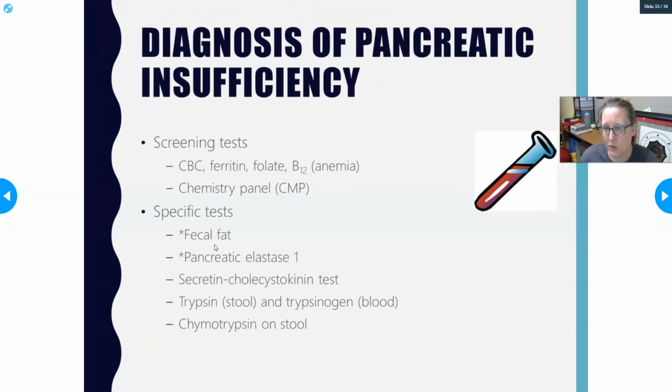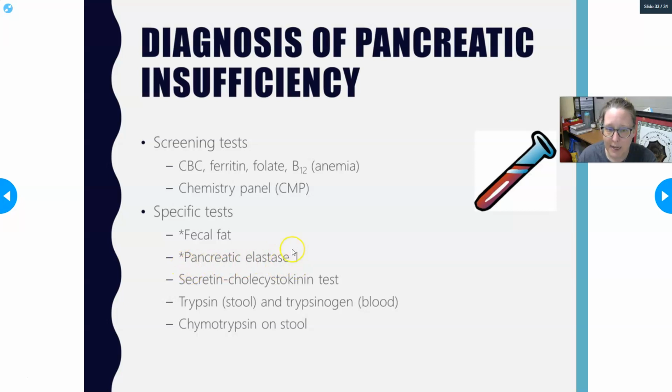And how do we diagnose pancreatic insufficiency? We can do screening tests like the CBC, ferritin, folate, B12, which assess basically your ability to get nutrients, macronutrients in. Chemistry panel like a CMP, you can look at that, especially to see if there's enough albumin and total protein being made. But specifically, you can do a fecal fat, looking for the presence of fat in stool, meaning that it's not being properly broken down and absorbed.